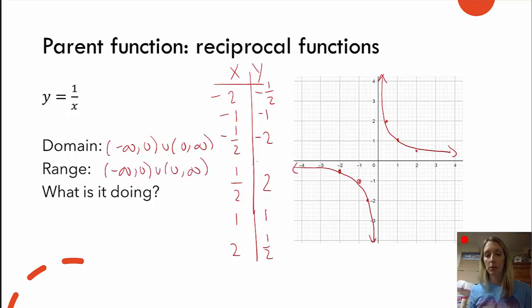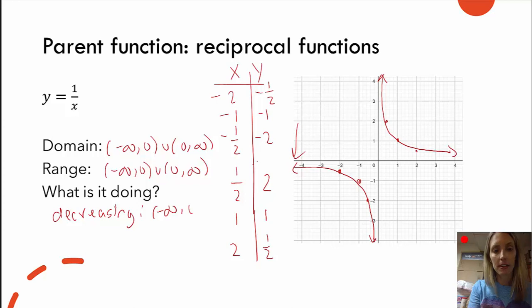What is this graph doing? Oh boy. Well, on the left-hand side, it's actually decreasing the entire time. So while here it kind of looks like it's going to be flattening out, it will never flatten out. It is getting closer and closer to that x-axis, but it's never going to reach the x-axis. So we're going to say that it's decreasing from -infinity to 0.